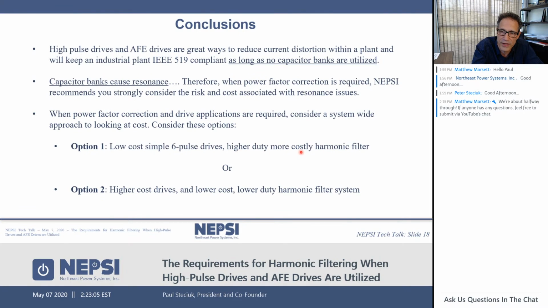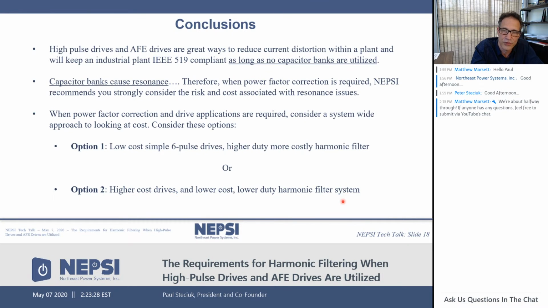And then install a higher duty harmonic filter. So instead of buying an expensive, more complex drive, consider buying a 6-pulse drive and installing larger harmonic filters, because power factor correction is a very economical choice. You can also consider higher cost drives and lower cost, lower duty harmonic filters.